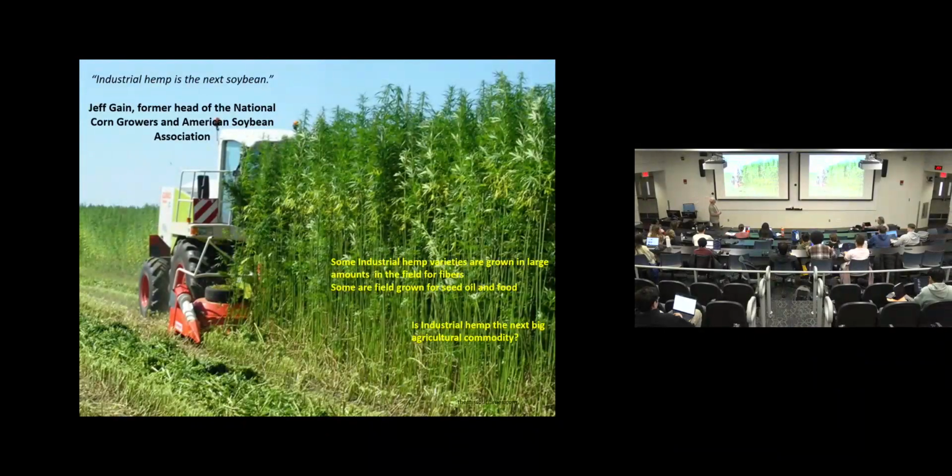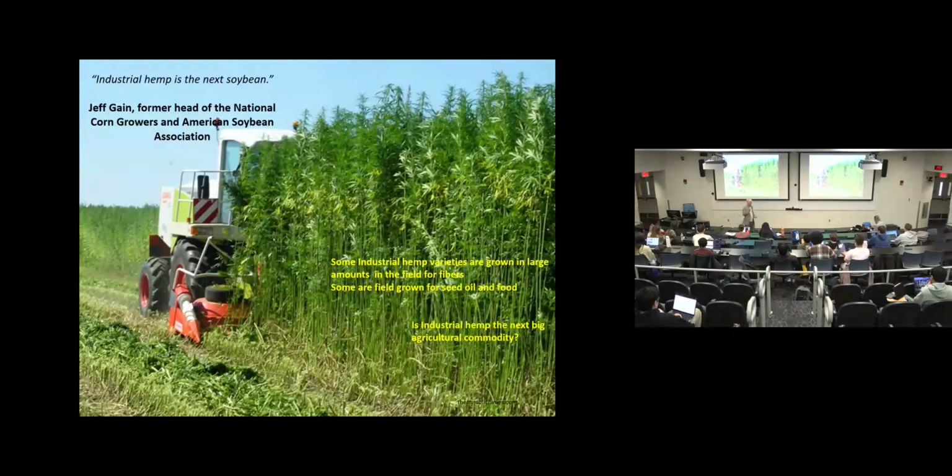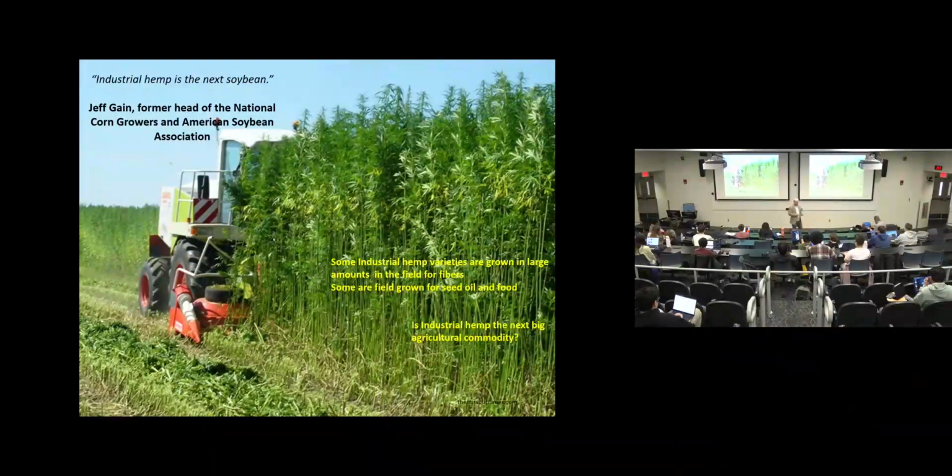So this is the sort of thing that is grown for fiber. And there are some huge opportunities in this area. Just a couple of quotes. A guy called Jeff Gain, who was the head of the National Soybean Growers Association, said industrial hemp is the next soybean. Well, it hasn't been yet, but it has more potential than soybean. Soybean only has a few uses, and they may be very important, but this can do a whole lot more.